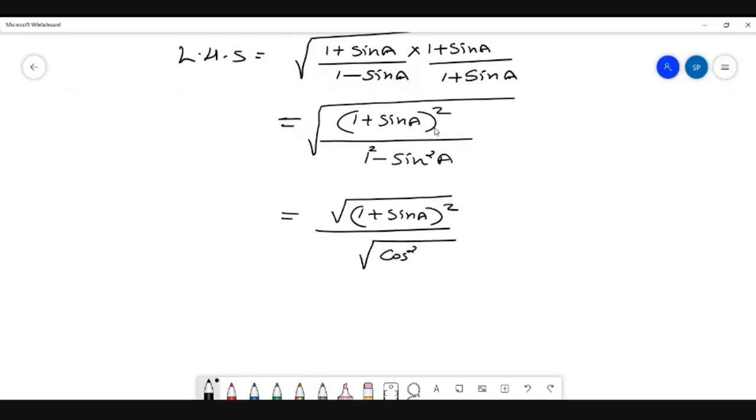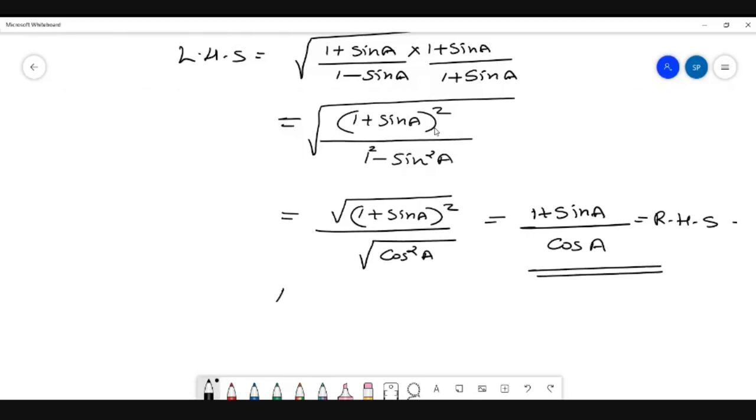It is cos square A. Now from the square root, square root of 1 plus sin A whole square is 1 plus sin A, divided by square root of cos square A is cos A. So this is the right hand side of the expression. Okay, proved. LHS equal to RHS.